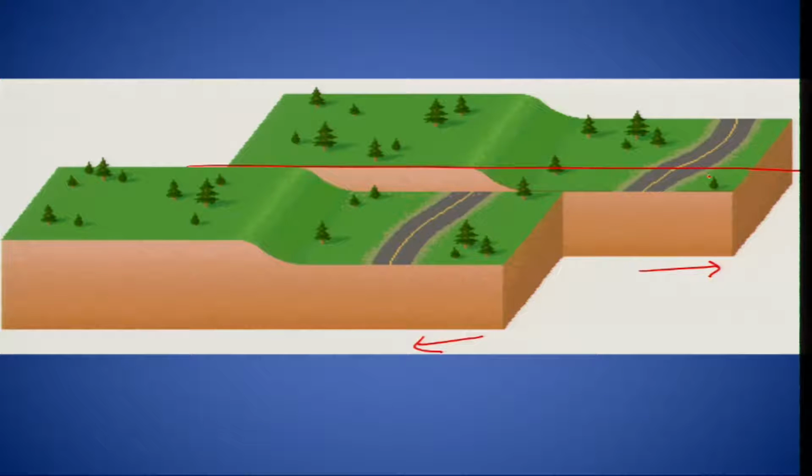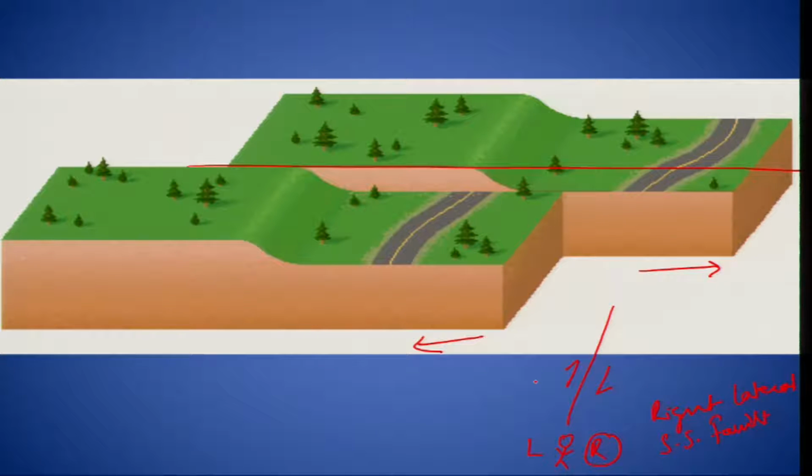If you have a strike here, and you are staying and viewing the area from this place, then this is your right and this is your left. So if this block has moved like this and this has gone like that, based on the block moving towards you, you will term this fault a right lateral strike-slip fault.